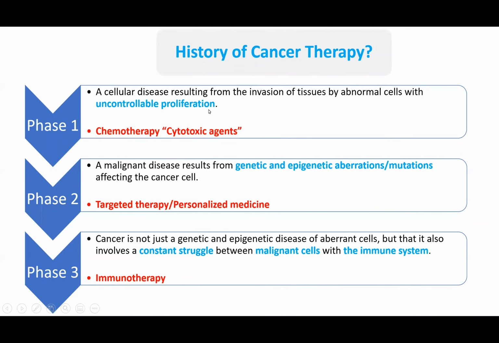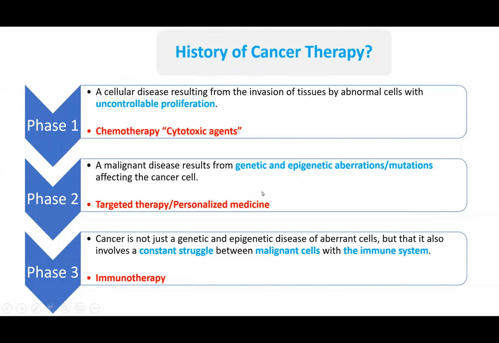And here, the first drugs discovered to treat cancer were chemotherapy or cytotoxic agents that we use to kill these highly proliferating cells. The main idea is that we use drugs that affect cells with a very high rate of proliferation, and those cells will for sure be more affected by these drugs than normal cells with a normal rate of proliferation.